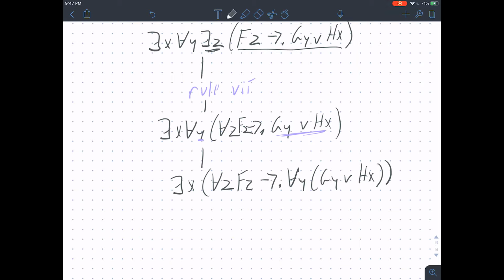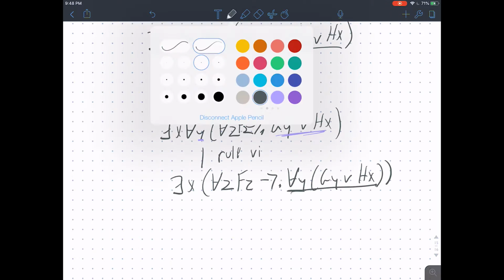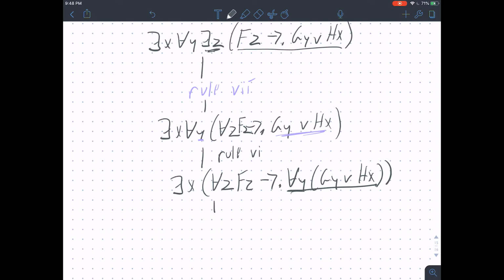And so that's what we've got. And here the smart thing to do would be to drive this inward as much as we can. Oh, this is rule 6. So what we want to do is work on this, and we're going to apply our rule. Wait, I wrote this down somewhere. What's the name of this rule?